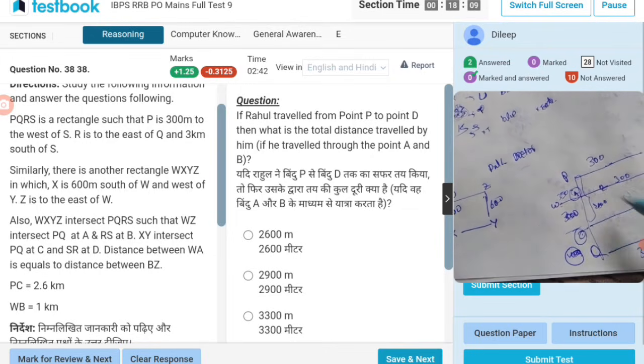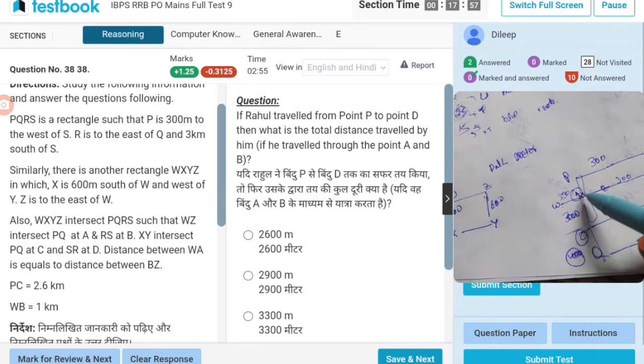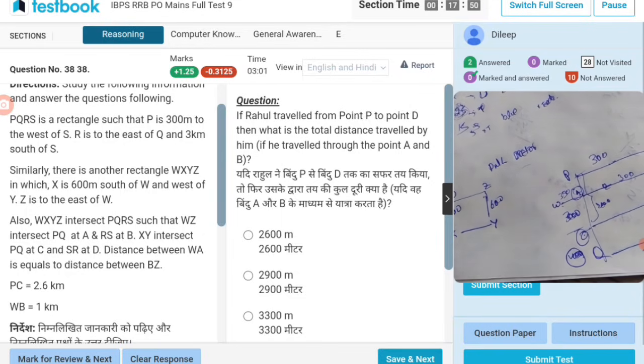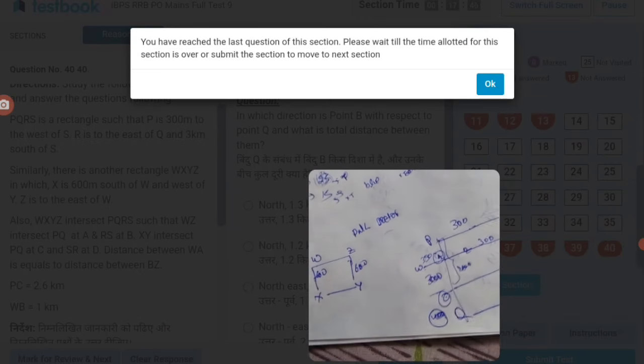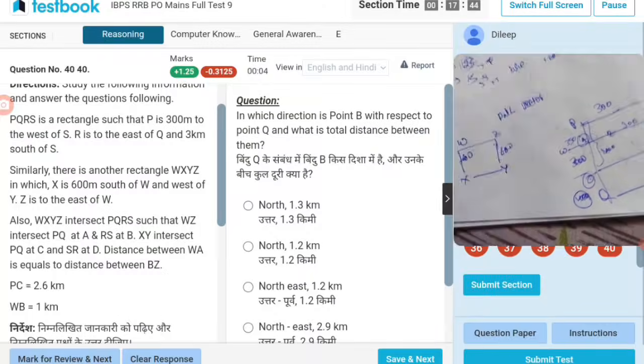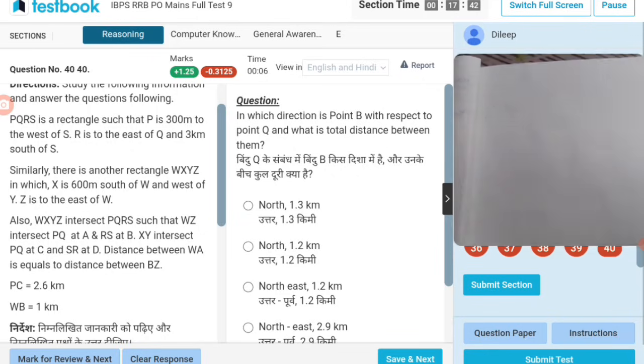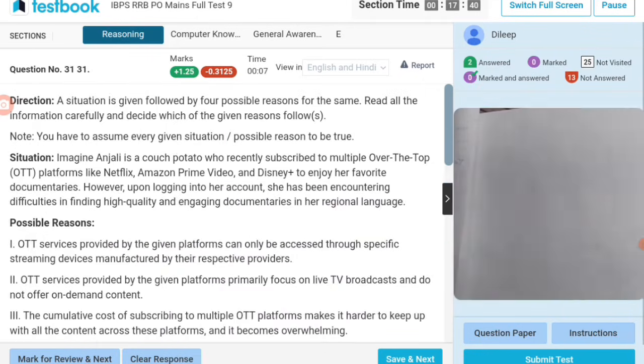Rahul travels from point B to point D. Total distance traveled by him. So 350. Next one.